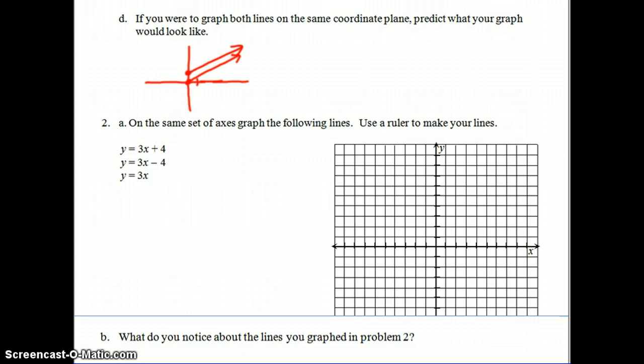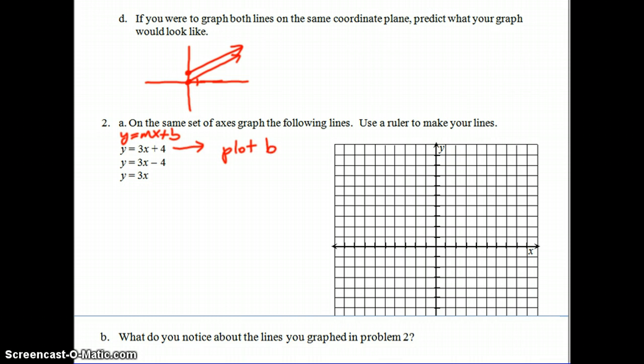Okay. Number 2, on the same set of axes, graph the following lines. Use a ruler to make your lines. Okay. y equals 3x plus 4. Alright, if you guys remember correctly, the first thing we do when we're graphing in slope-intercept form, y equals mx plus b, is we plot b first.